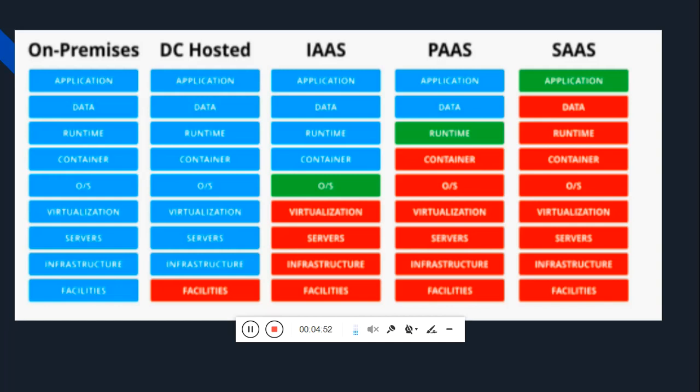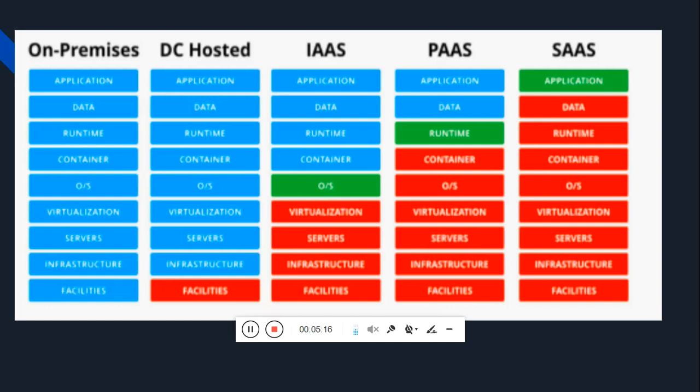Infrastructure as a service is one of the most popular cloud service models. As I mentioned before, AWS EC2, the Elastic Compute Cloud, uses the IaaS model, which is infrastructure as a service.